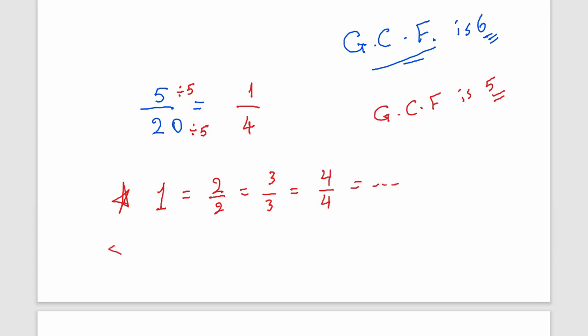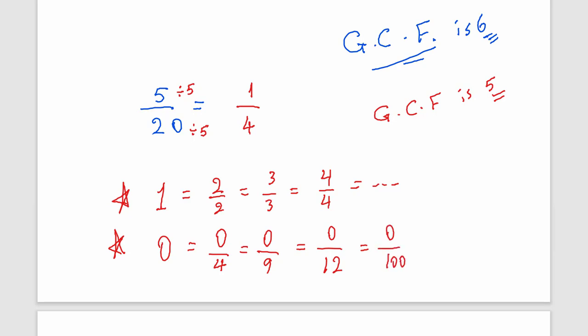The second note is about the 0. Any 0 divided by any number equals 0. So 0 divided by 4, 0 divided by 9, 0 divided by anything equals 0. 0 over any number equals 0, and so on. Okay, that's enough.